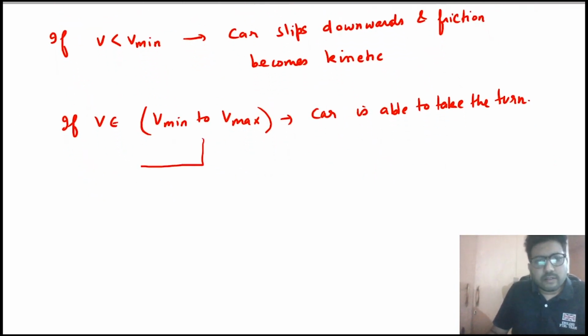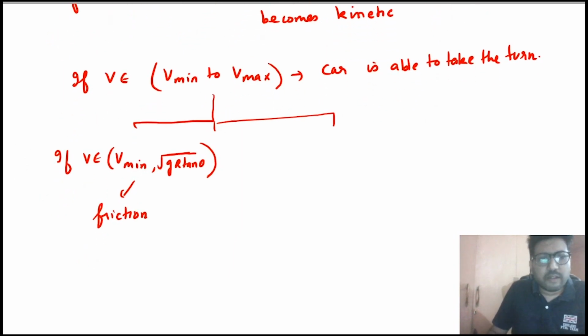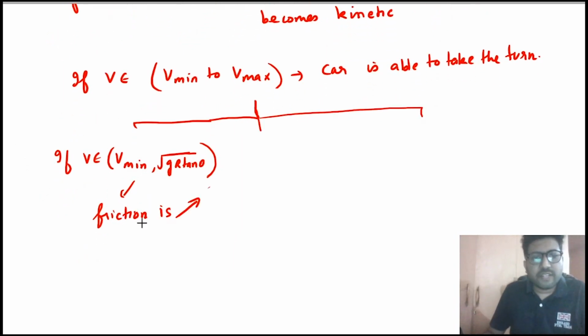Now in this also we will have three cases. If v belongs to v min to root gr tan theta, in that case you will say friction will be upwards because the car has the tendency to move downwards. Gravity is dominating. So friction is upwards along the incline. If v is equal to root gr tan theta, in that case you will say the value of friction is 0 because no friction is required in that case to make the turn.